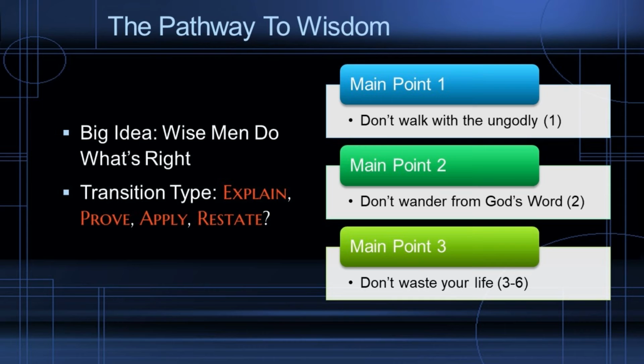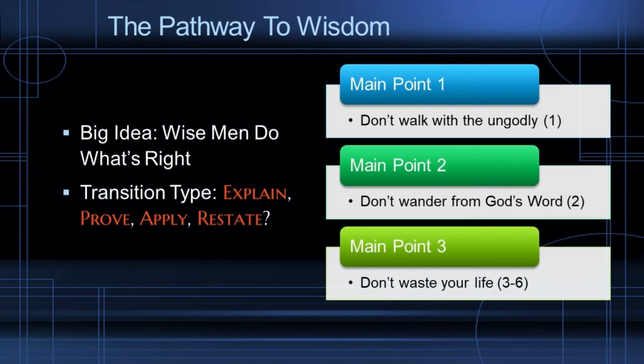We seldom ever use the restate function, so it's basically three that you mostly choose from. You'll note here that I've chosen to construct the main points as commands or imperatives: don't walk, don't wander, don't waste. So this is a very action-oriented type of outline where you're telling your listeners what they need to do in order to live a godly, wise life.